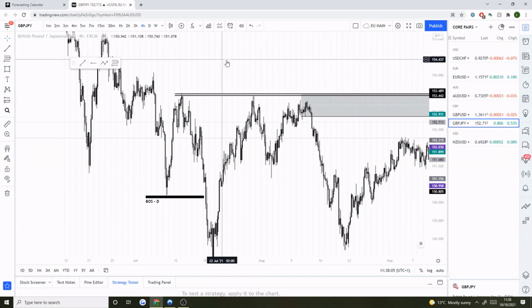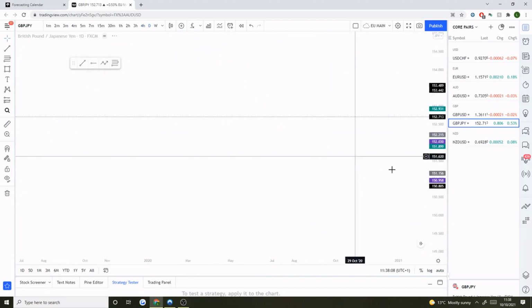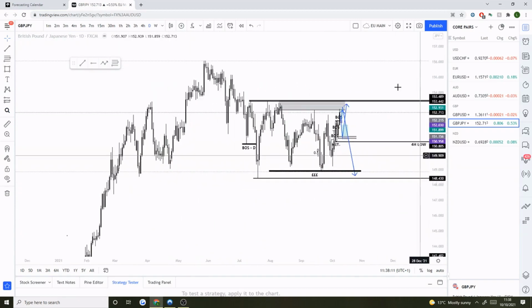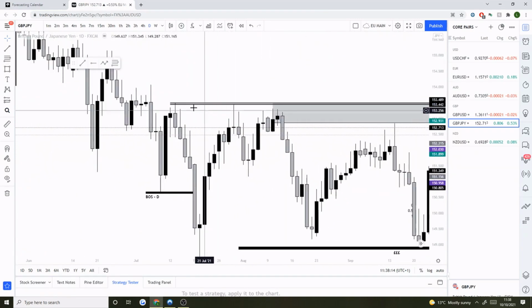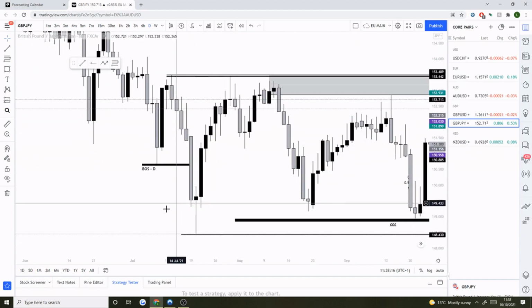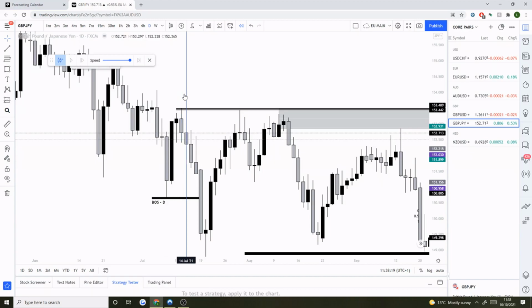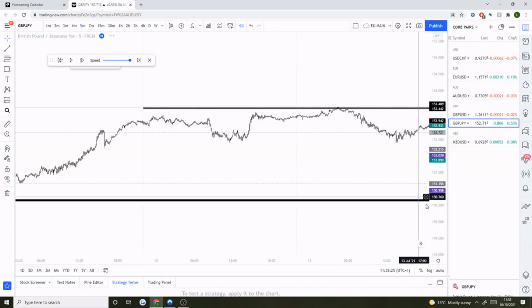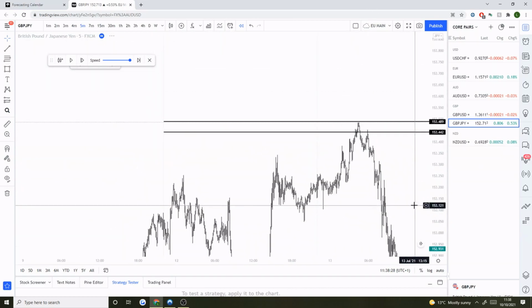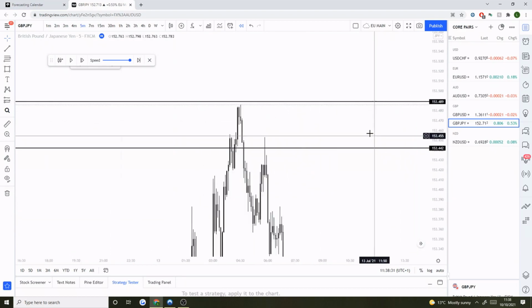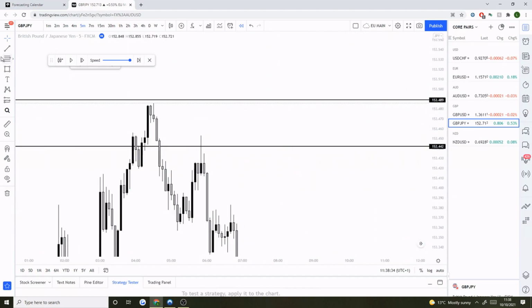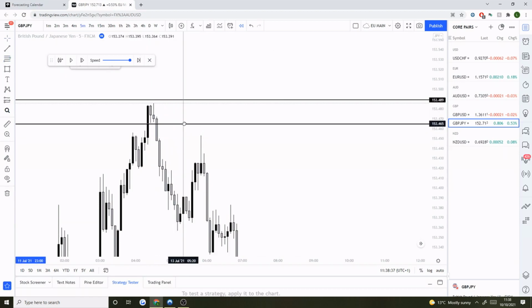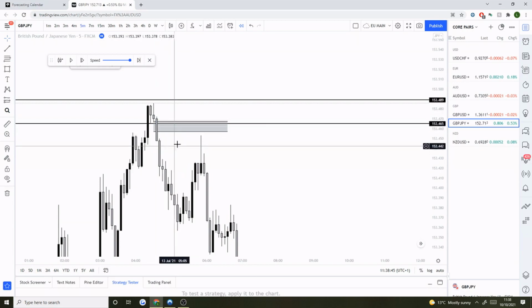But what I have noticed is, in terms of the whole overall daily structure, we know that the daily structure started from this wick here down to that wick down there. So if I just look on bar replay at what was going on back here, looking on the 5 minute, we can see we've got this area at the high here, and it's got imbalance below it, which hasn't really been filled because, yeah, this came back up, but we've still got this whole area here with imbalance.